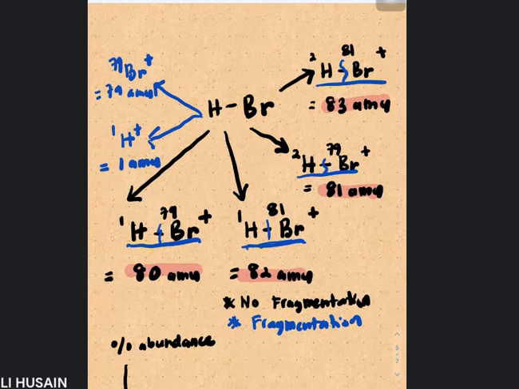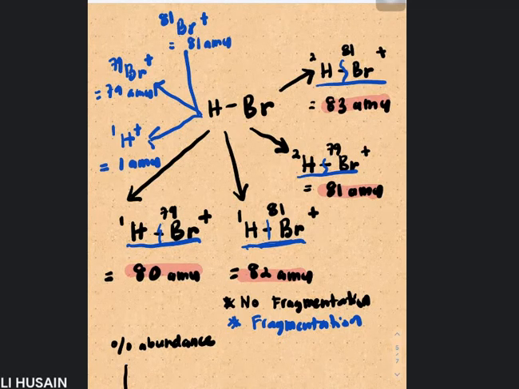We ignore it. But the other fragment is? Bromine 81 plus, whose mass here is 81 AMU. Okay.